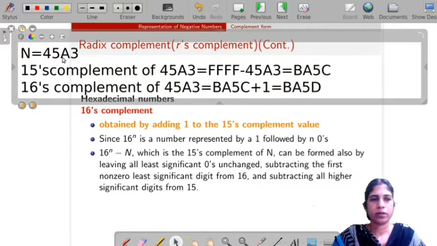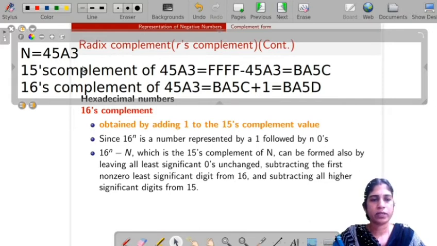So the second method is, for the given number we scan from the least significant digit for the first non-zero digit. Here the LSB itself is the non-zero number. So this non-zero number is subtracted from 16. 16 minus 3 is 13. 13 is equal to D. All other numbers are subtracted from F. 15 minus A is 5.